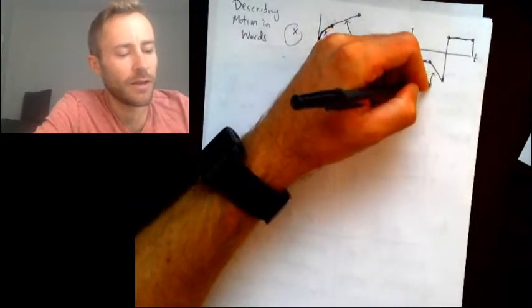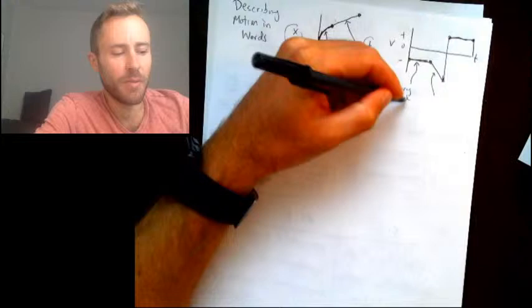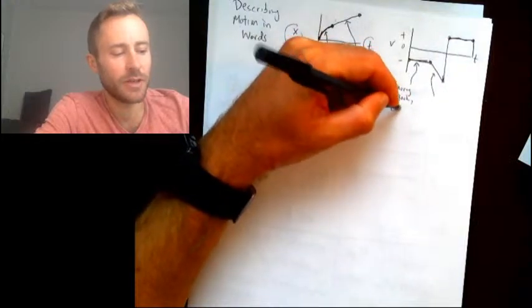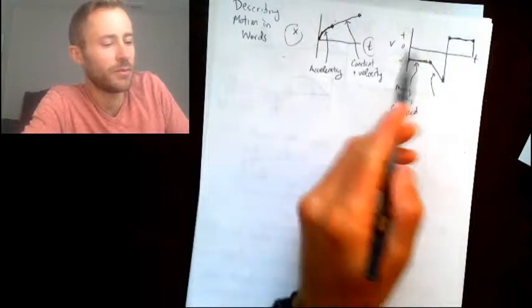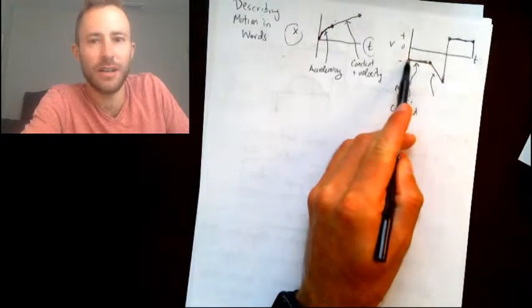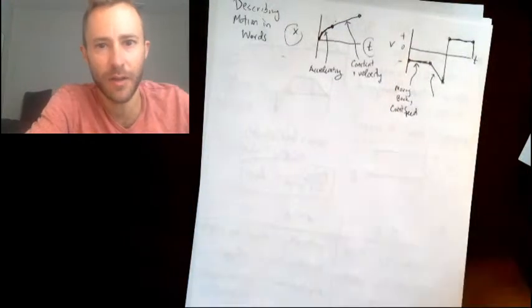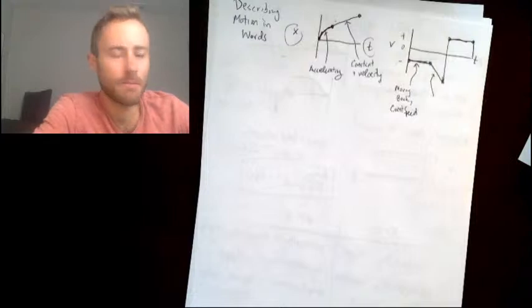By the way, it's moving back and it has a constant speed. The reason it's a constant speed is because the velocity is steady. It's negative and it's steady at that negative value. Okay?